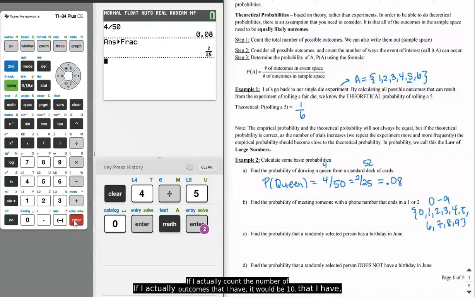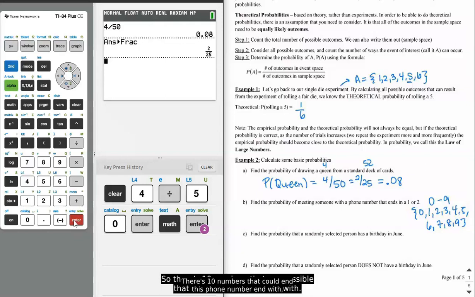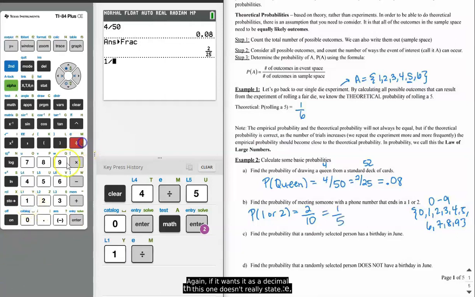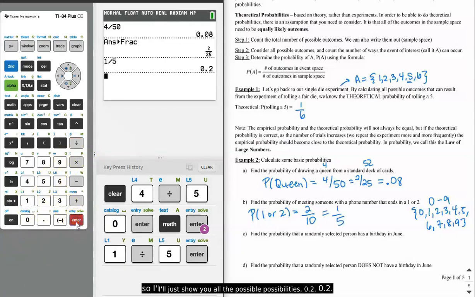If I count the number of outcomes that I have, it would be 10. So there's 10 numbers that are possible that the phone number could end with. So the probability of a 1 or a 2, this would be 2 out of 10, or 1/5, or if it wants it as a decimal, this one doesn't really state, so I'll show you all the possibilities, 0.2.